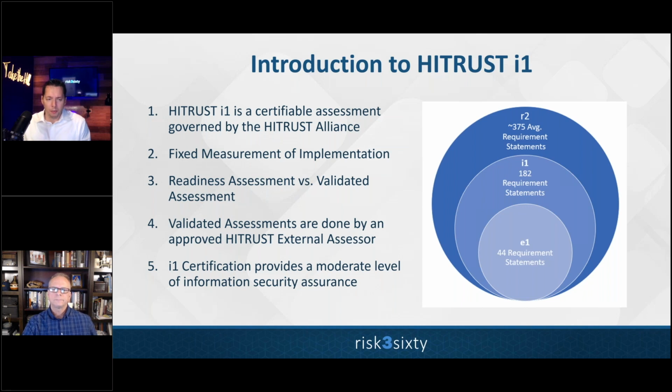And so we could assume that E1 is probably baseline information security assurance, and then the R2 would be a much higher level of assurance. Right, as the Venn diagram demonstrates. But the good news is all of the requirement statements from an E1 are also included in the I1, and all the I1 are also included in the R2.